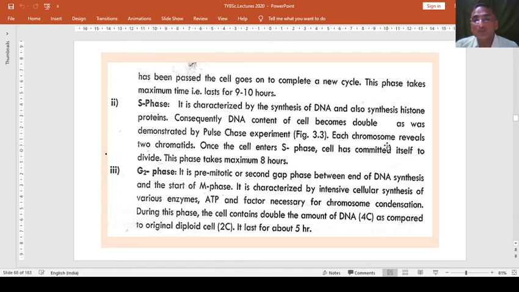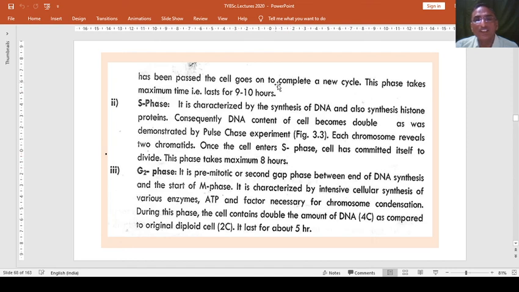Each chromosome shows two chromatids, and once the cell enters S phase, the cell has committed itself to divide. Means it is ready for the division, and this phase takes a maximum of about 8 hours.